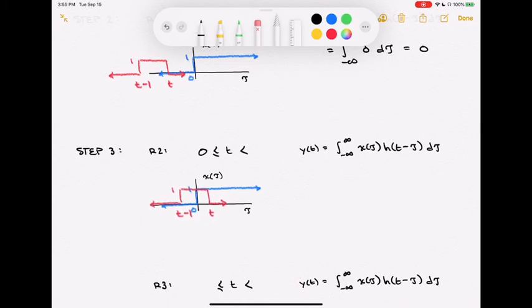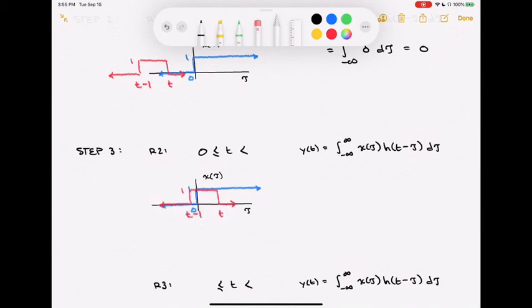It's going to be non-zero on the interval 0 to t. The 0 is because the leftmost part of x of tau dictates where the leftmost part of the non-zero product is, and then the upper limit of t is dictated by the rightmost edge of the moving pulse. That's the last part where the product of those is non-zero.